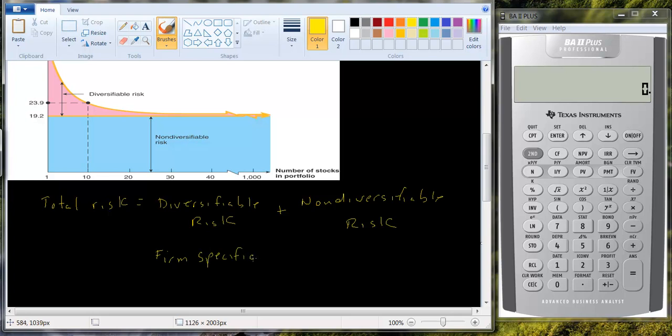That means that if something happens to that company, it affects that company's stock, but it doesn't affect everybody else. Before he passed away, Steve Jobs was such the visionary at Apple Computers that certainly his death would have been significant to Apple. How could you get rid of that? You could get rid of that risk by buying some stocks in different companies.